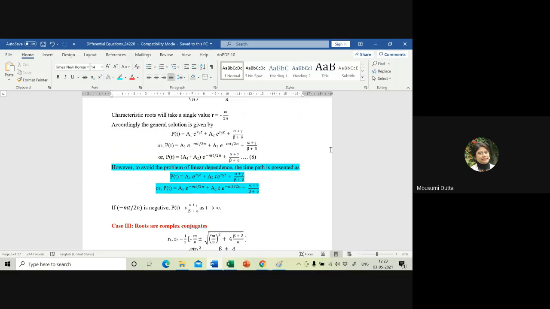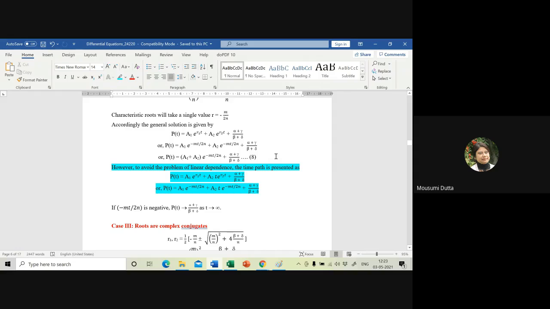In this class, our focus is mainly on whether the time path is monotonic or oscillatory, and whether it is convergent or divergent. As students of economics, we are focusing on these factors.